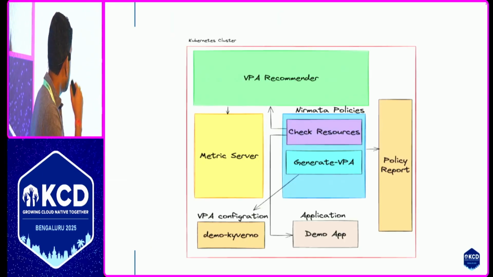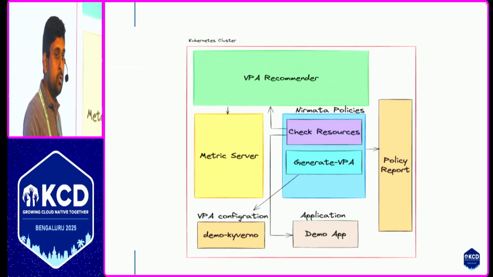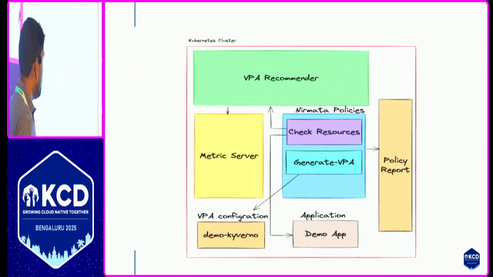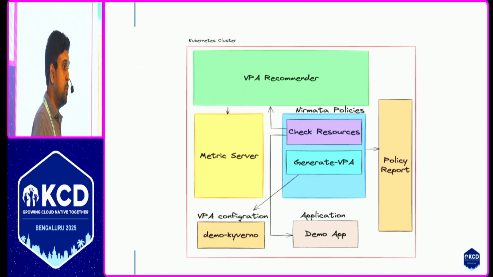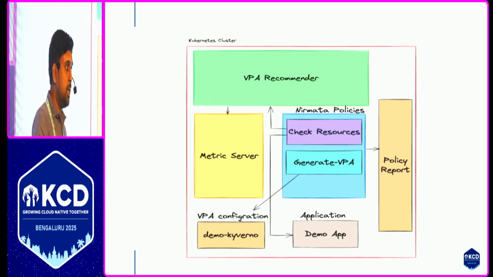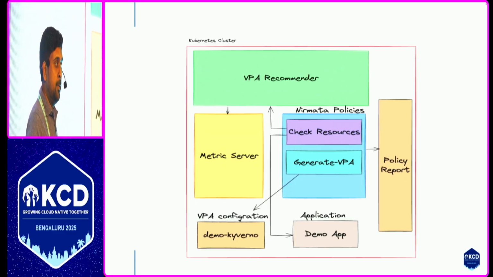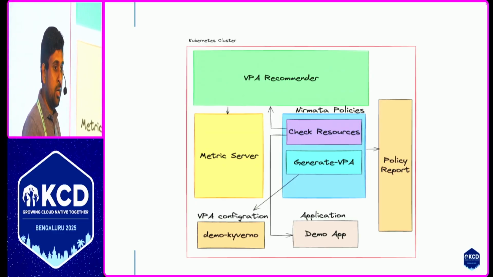So this is a reference architecture which is a good starter for you to start implementing these kinds of policies. We have a couple of components that work in conjunction to make this whole solution work. So we have a VPA recommender. Anybody who has heard about VPA earlier? Yeah, so vertical pod autoscaler actually has 3 components in it.